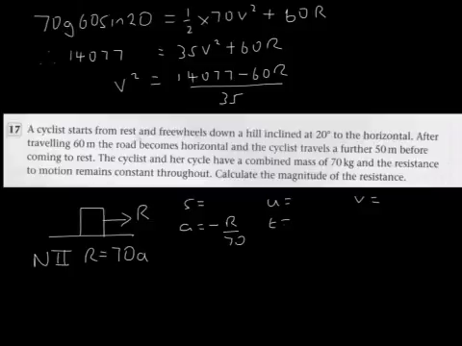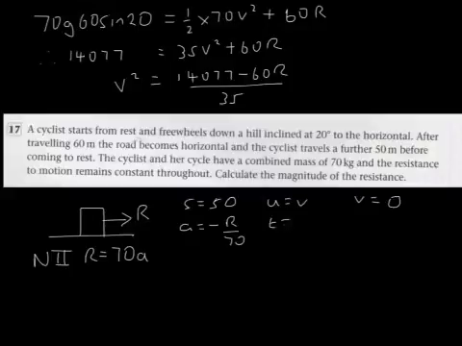The distance travelled we know is 50. Now a bit confusing with the u's and the v's. The u is the initial velocity in this second part, so that's what we had up here, which we called v. It was the final velocity of the first part, is the initial velocity of the second part, and then it comes to rest, so the final velocity is 0.